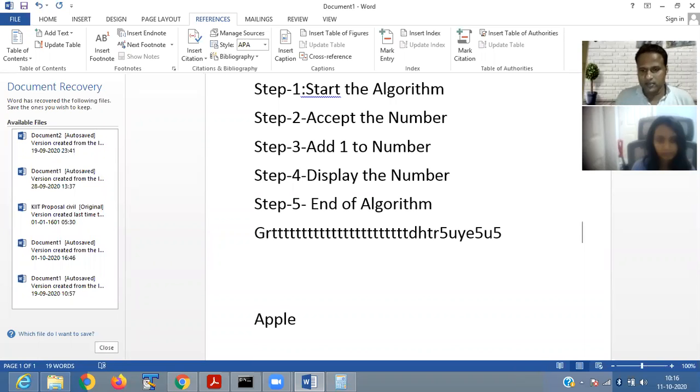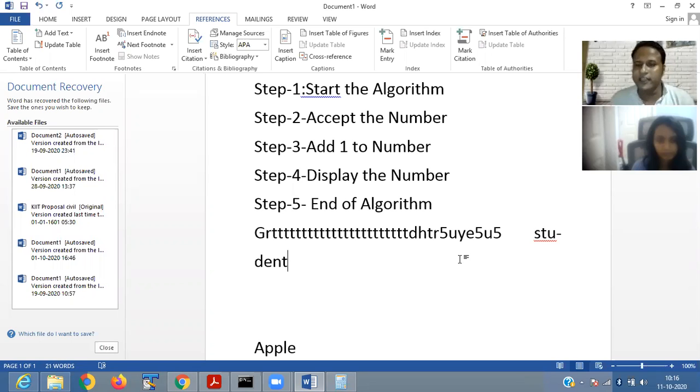S, T, U. So in the line, I'm unable to write the whole word. When I'm unable to write it, I mark a hyphen, and then I continue from it.